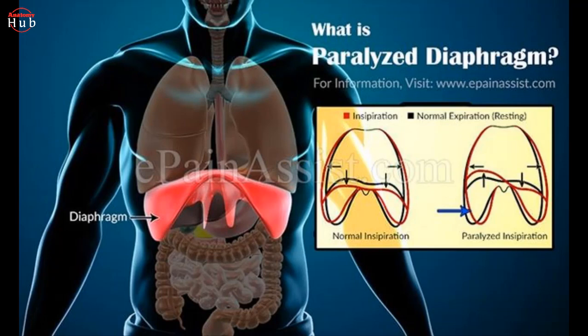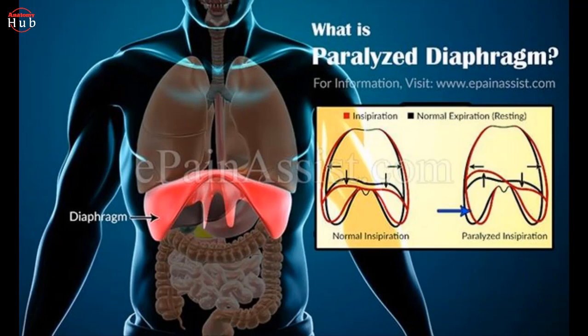Any compression will also cause paralysis of the diaphragm, and that compression may be due to a tumor within the chest cavity. Another cause may be myopathy, such as myasthenia gravis, or neuropathies, such as diabetic neuropathy.